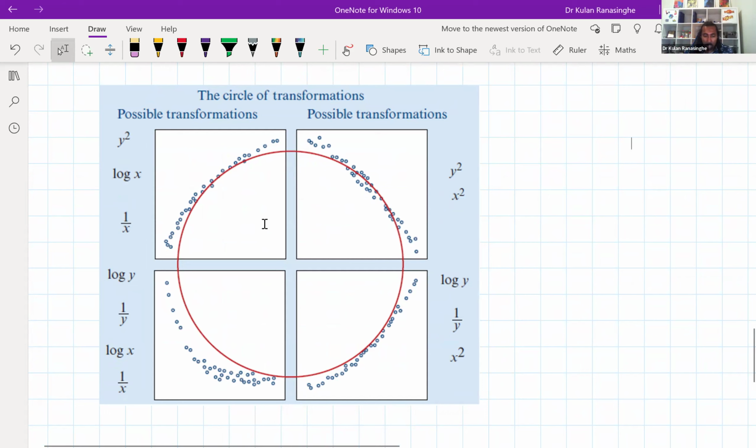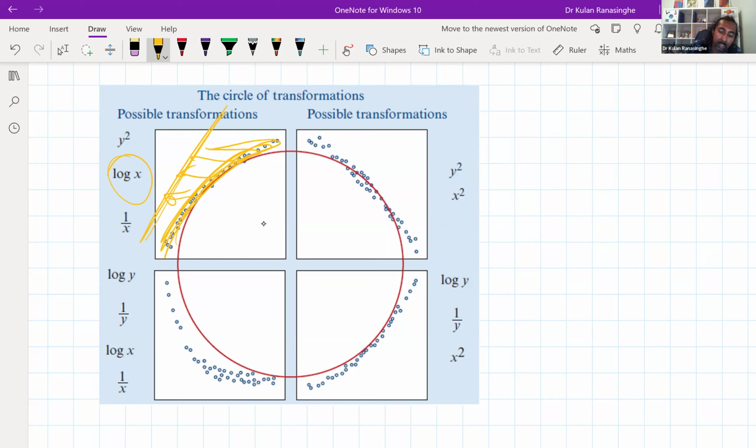So if the data looks like a circle on the far corner, top left, that is either log x, which means you're pushing your values here, so you make it smaller so that you can make it a straight line, or you take the reciprocal as you've seen before if the values are between 1 and 0 and above 1. And then also you can say y square, that means you're going to start pushing these up so that they nicely align.